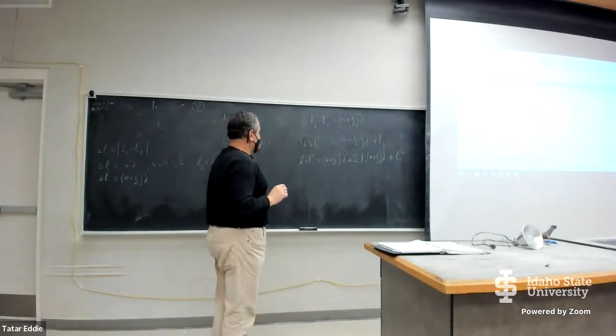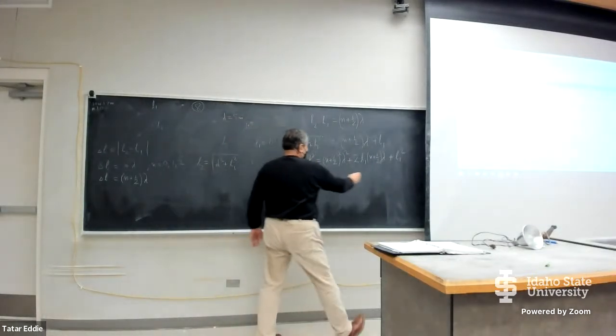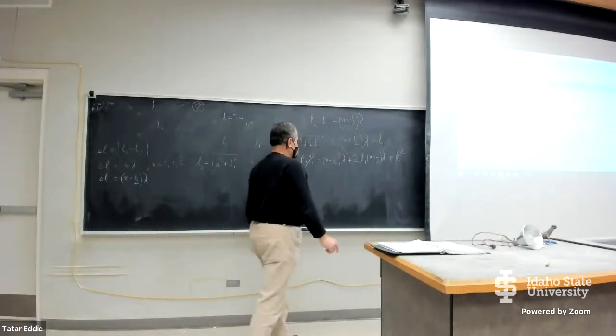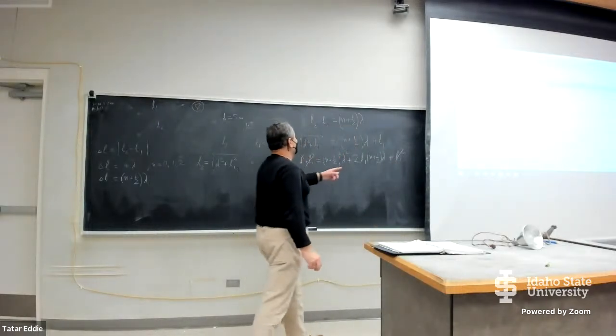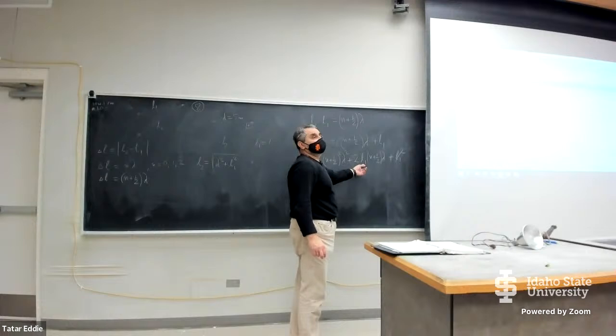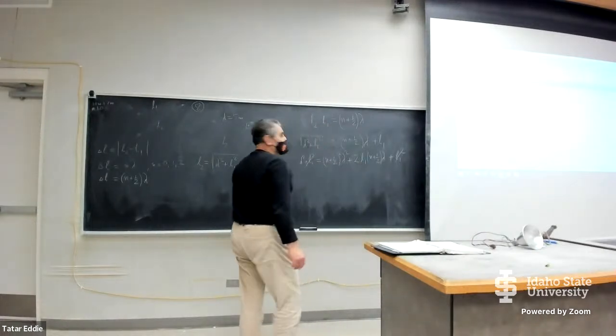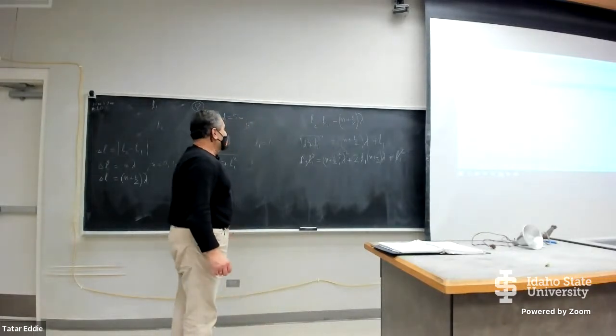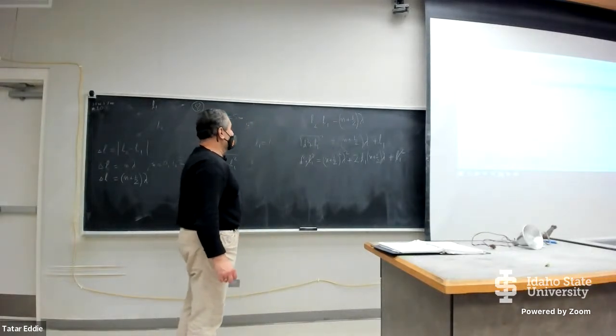Now, the unknown L1 squared cancels, and you have the unknown only in this term. And therefore, it is a linear equation, and you can immediately write its solution.